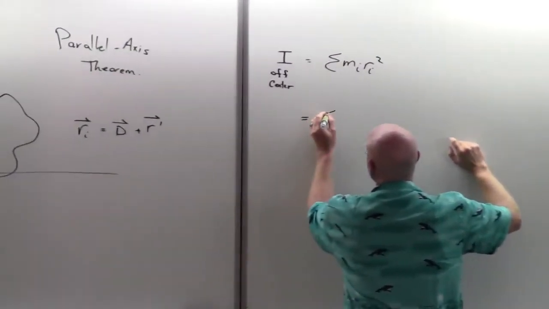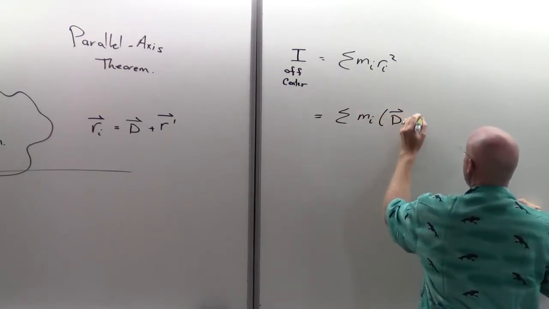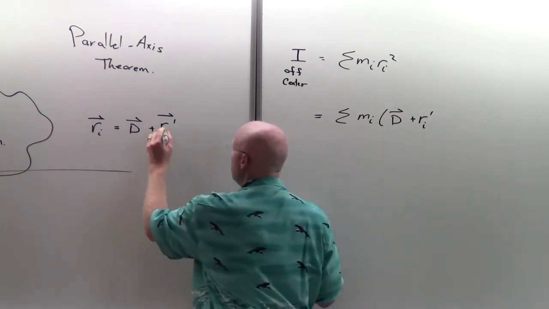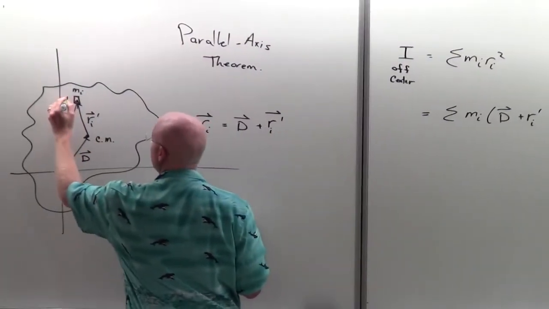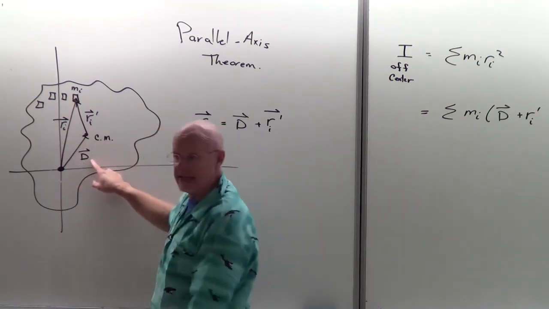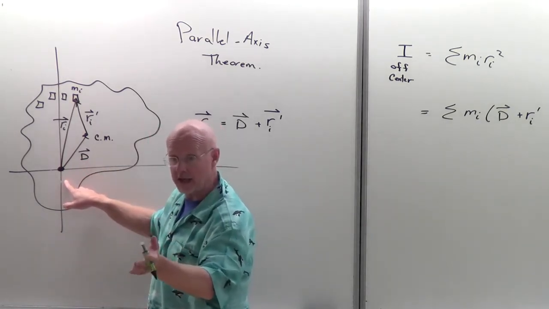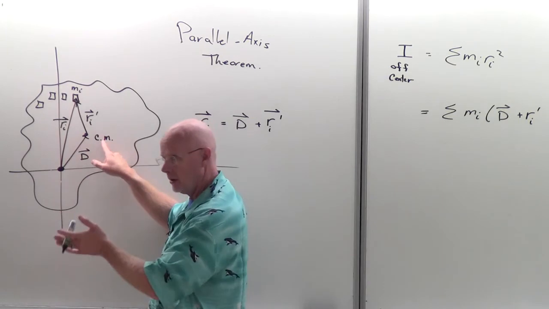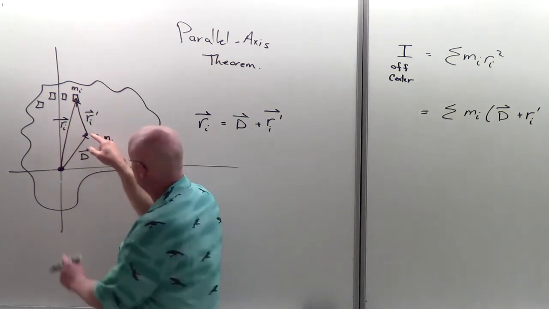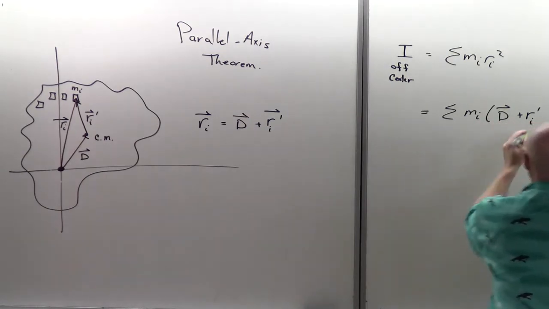But if we write it this way, mi, and we put in the d and the r prime, and maybe I should put r prime i, because as you add up all the different chunks of mass that make this object up, d is never going to change. D is that distance from this rotational axis that is off center to that point that is the center. And then wherever that center is, then that's why the r prime changes as well as the r. And then I'll square that.